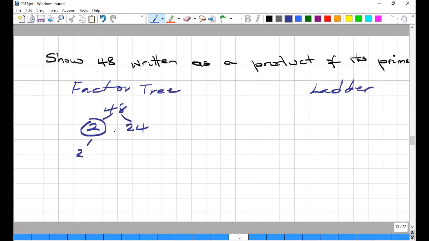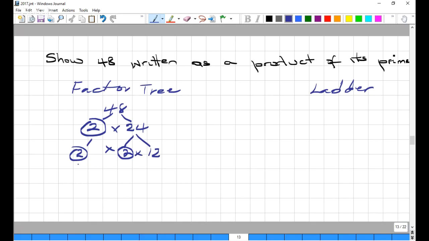I can break 24 out though into 2 times 12. The 2 is prime, so I'm going to keep those.